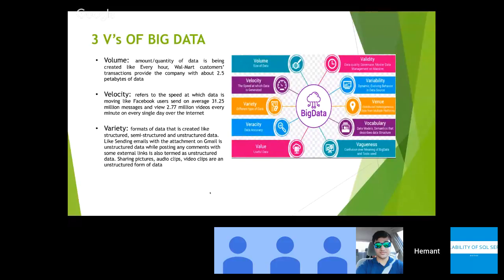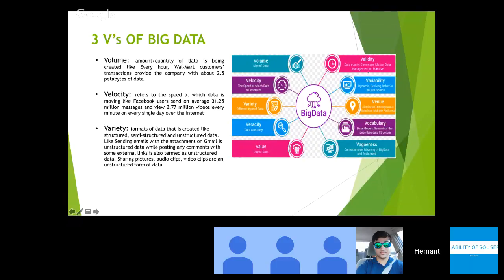What about the others depicted on the picture to the right? Yeah. So these are more aspects of big data, like we already did volume, velocity, and variety.